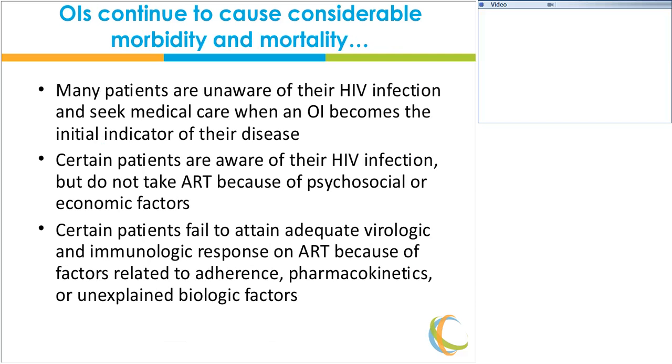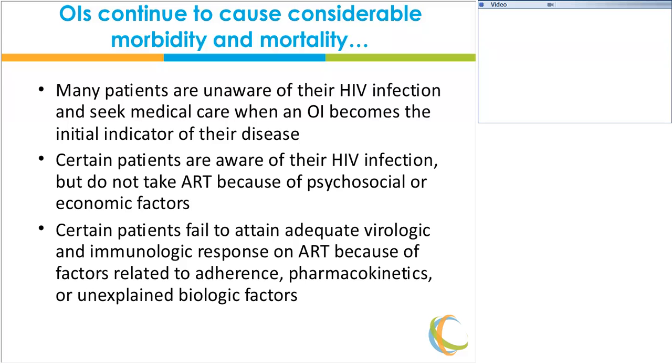That said, many patients are unaware of their HIV infection and seek medical care only when an opportunistic infection becomes the initial indicator of their disease. Certain patients are aware of their HIV infection but do not take antiretroviral therapy because of psychosocial or economic factors.